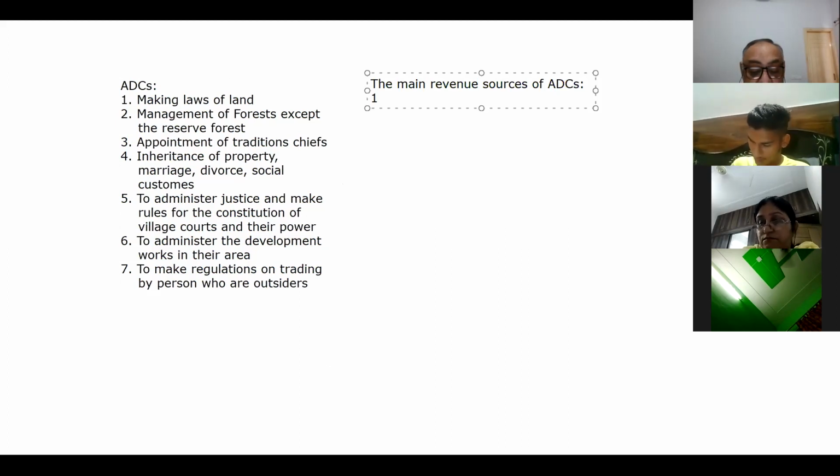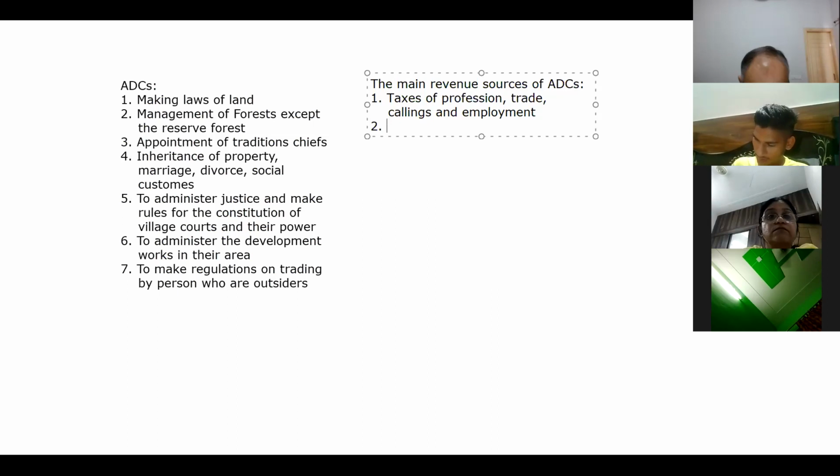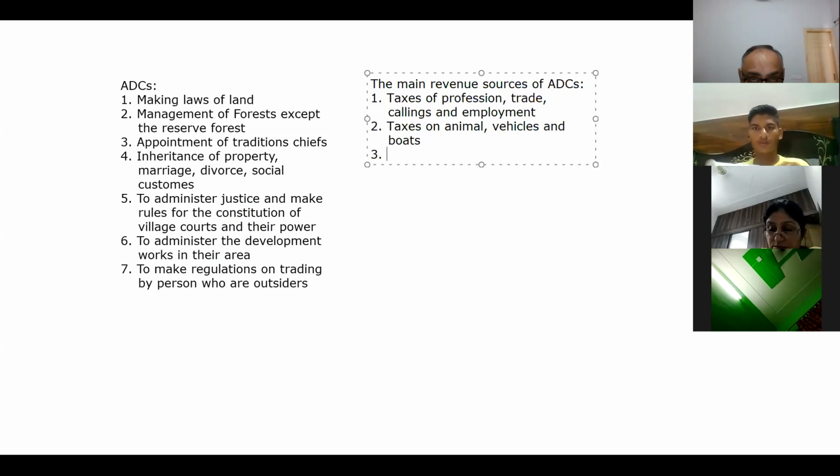ADCs include number 1 taxes on profession पे taxes लगाते हैं, किसी ने कोई काम करना है उसके ऊपर taxes लगाते हैं, profession, trade, callings and employment. तो वो ऐसे टैक्सेस लगा लेते हैं, छोटे मोटे होते हैं, राइट? एंड दूसरी चीज है टैक्सेस ऑन एनिमल व्हीकल्स एंड बोट्स, जो लोकल टैक्सेस होते हैं छोटे छोटे, सो वो वाली टैक्स लगा देते हैं. सो ये है जो हमारे कॉन्स्टिट्यूशन में लिखा हुआ है कि ये उनकी पावर्स हो सकती हैं, राइट?